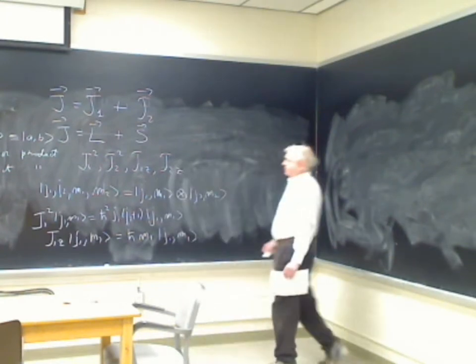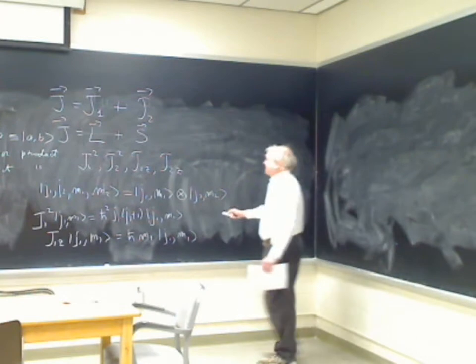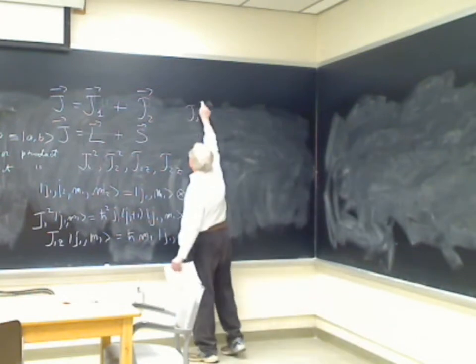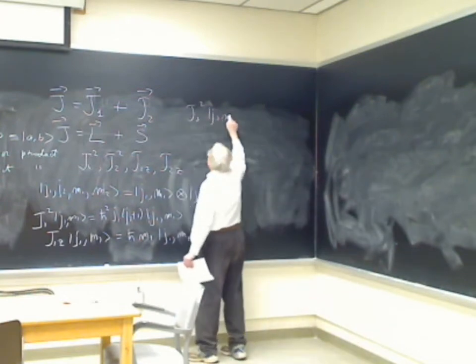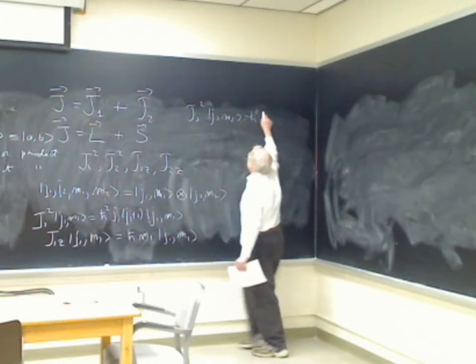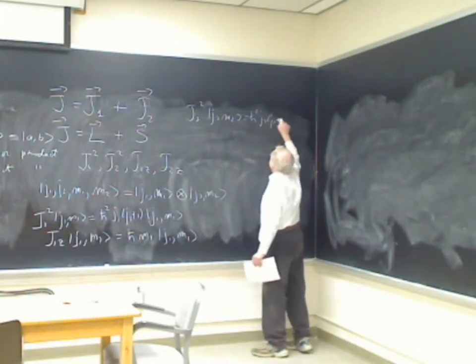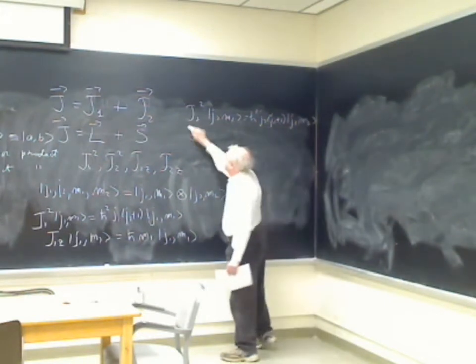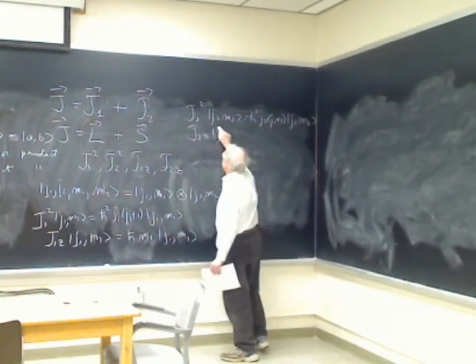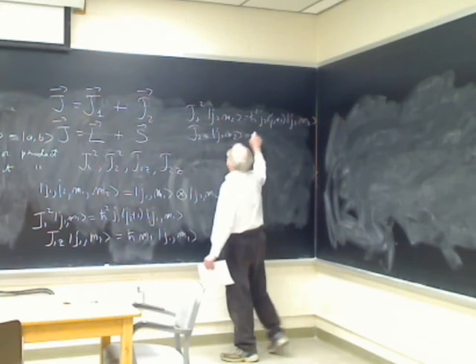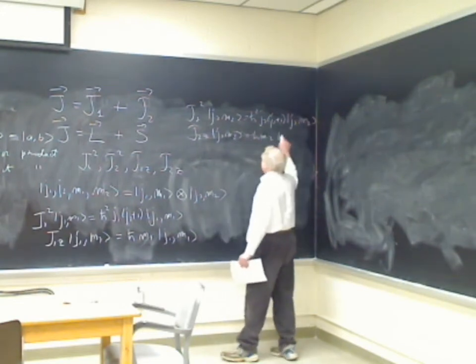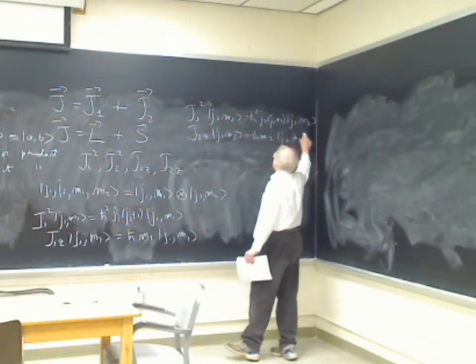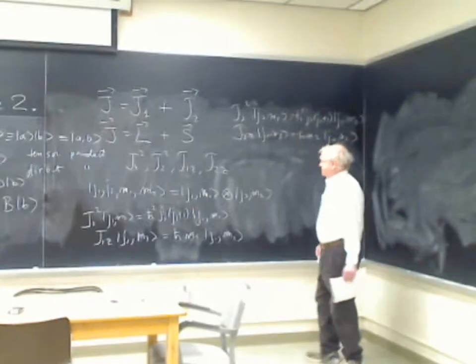And the same thing for J2 on these states. J2 squared on |J2 M2⟩ gives ħ² J2(J2+1) |J2 M2⟩ and J2z on |J2 M2⟩ gives ħ M2 |J2 M2⟩. So those are the states.